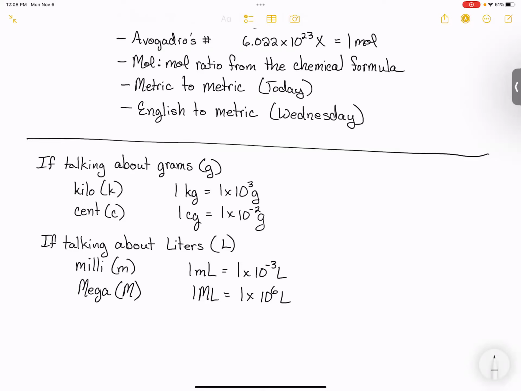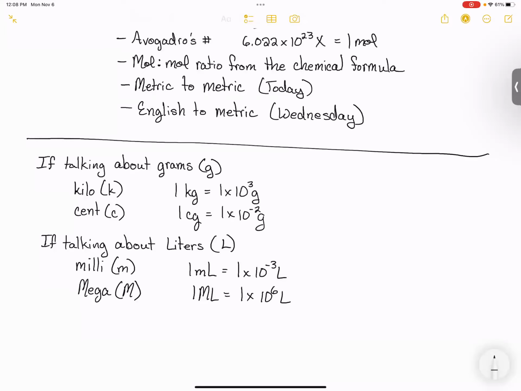That's one thing you should note about this bottom table. The second thing that I would like you to note about the bottom table is that the prefix, which is the first portion of the equality, always has a 1 with it. 1 giga, 1 mega, 1 kilo, 1.